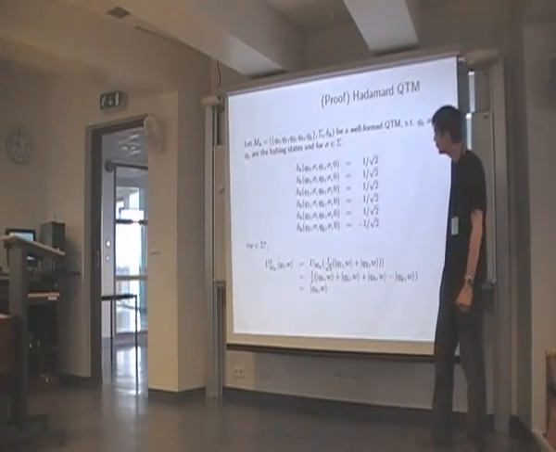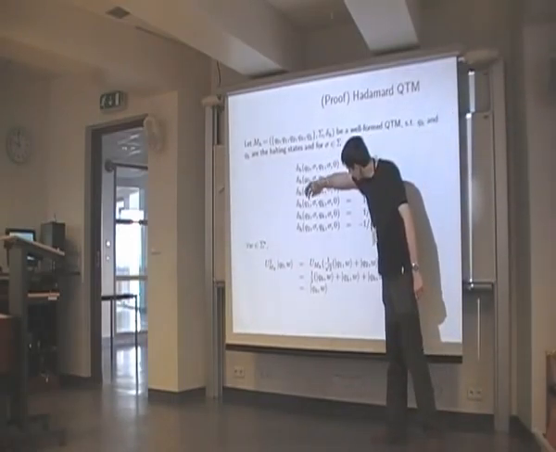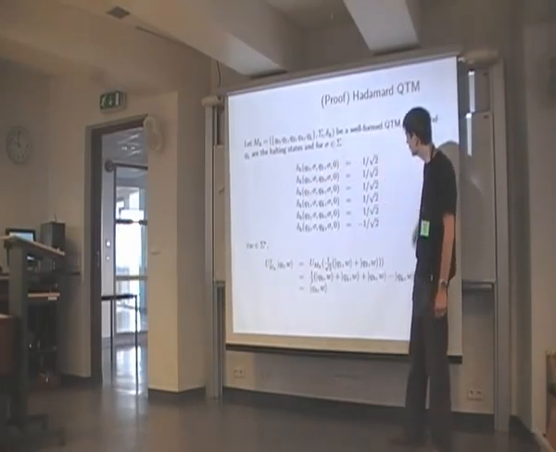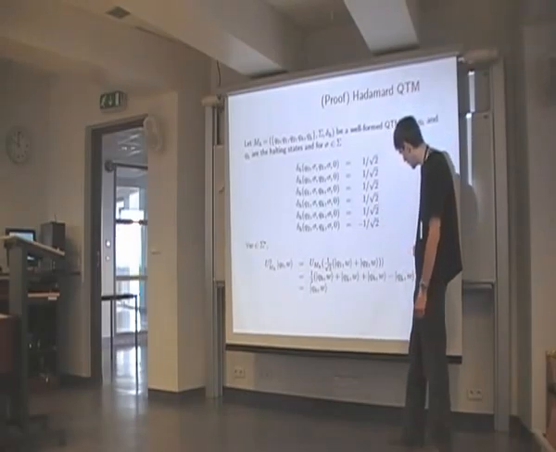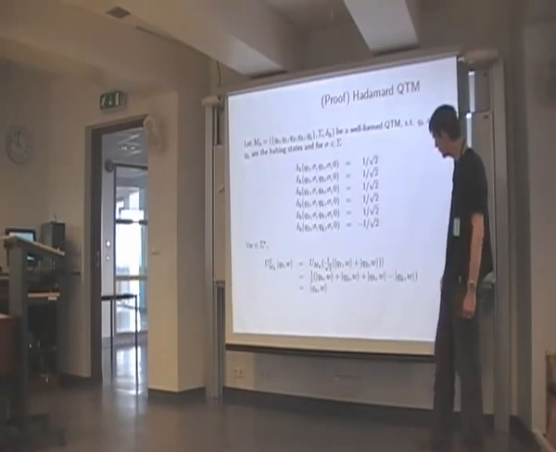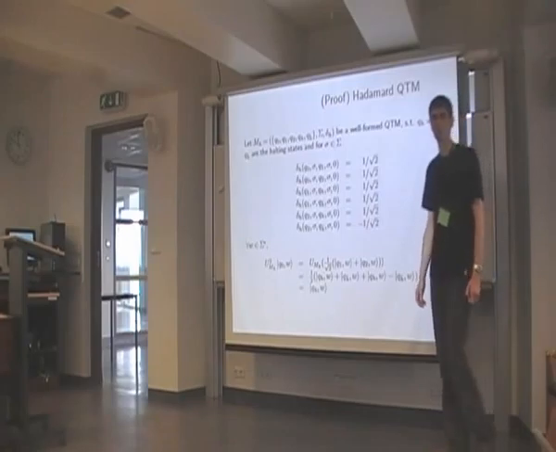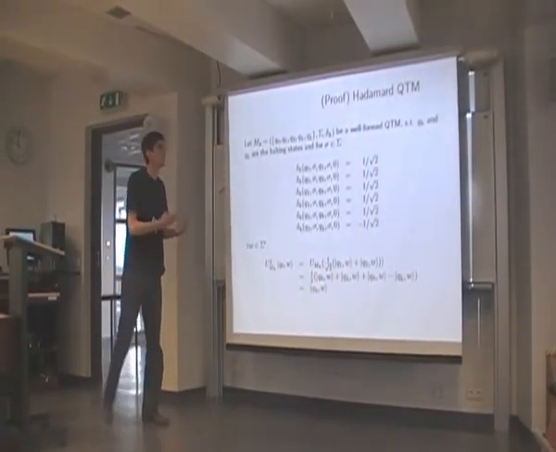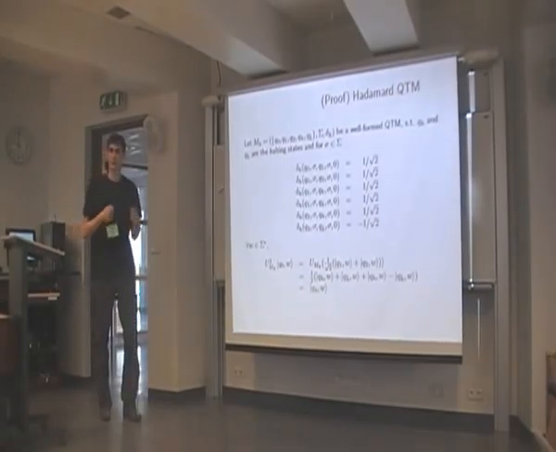And then the next transition consists in applying the same kind of thing. That is, from Q1 we go to QH bar with amplitude 1 over square root of 2, and so on. So we obtain this state. And here we can see that we have some interference between this part and this part, so we obtain QH W. This is a Hadamard quantum Turing machine because it is very similar to applying Hadamard twice.